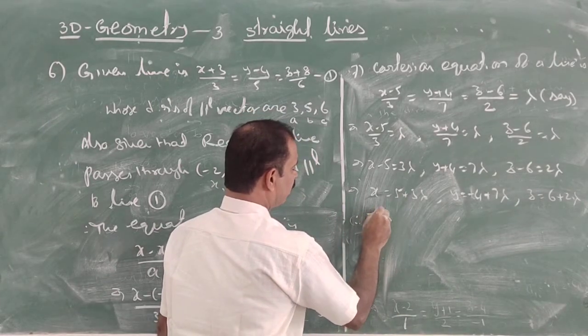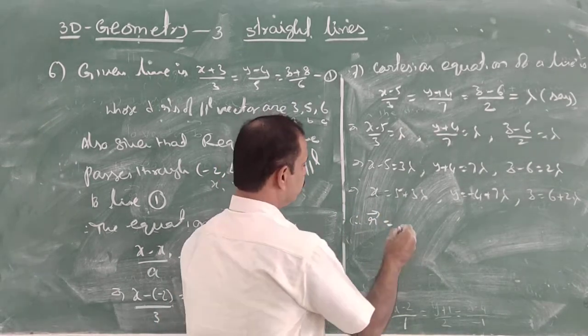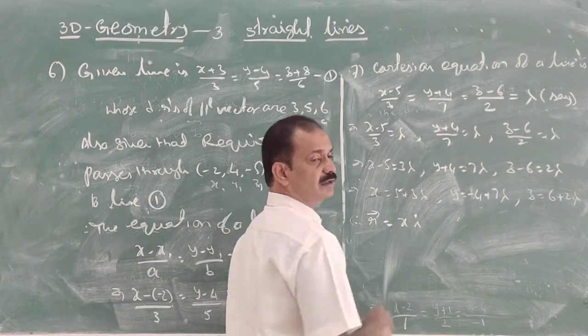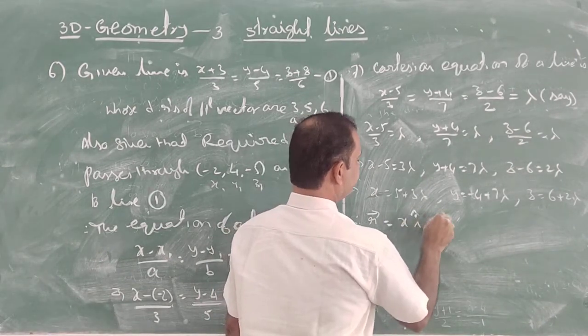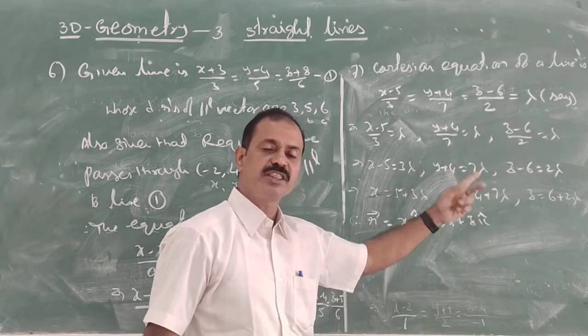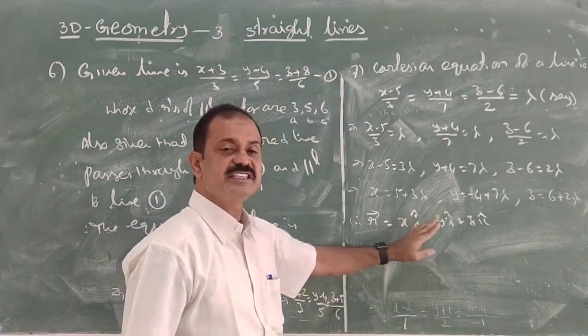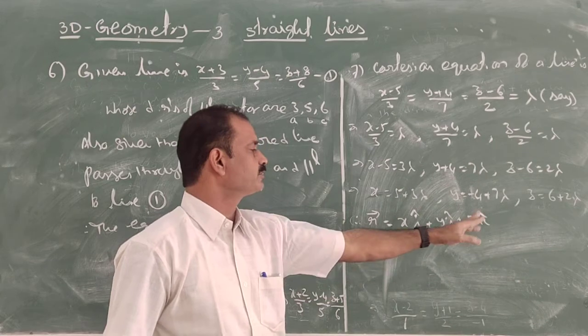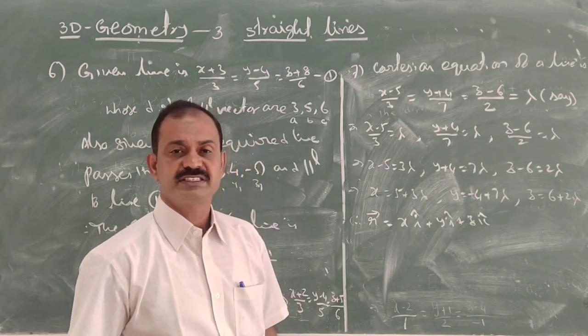Therefore, what is r? xi plus yj plus zk. We can do it in different forms, I am following the easiest way. r is equal to xi plus yj plus zk.